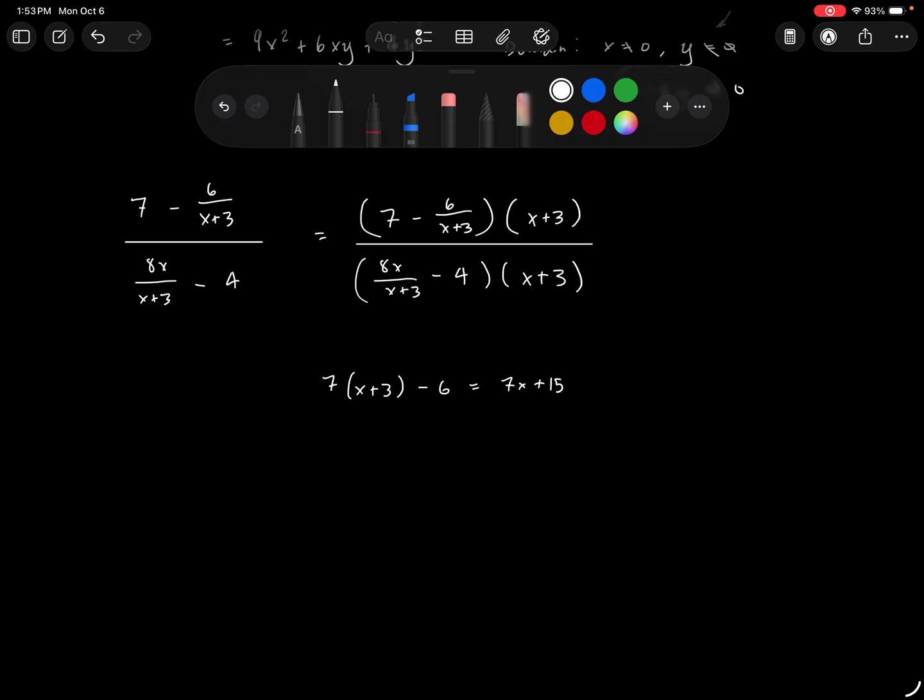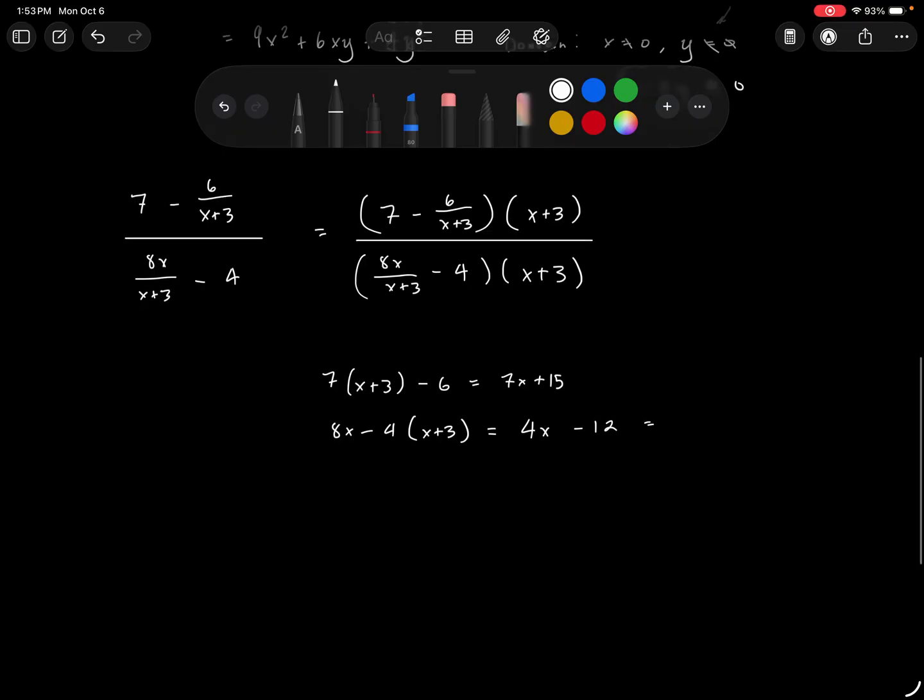And the bottom, 8x minus 4, x plus 3 equals 4x minus 12, which you can factor and get 4 times x minus 3.